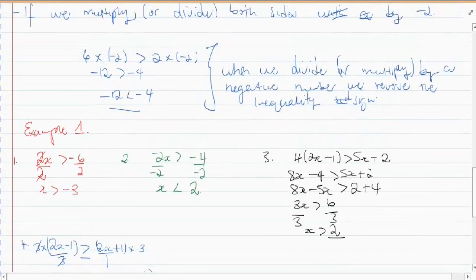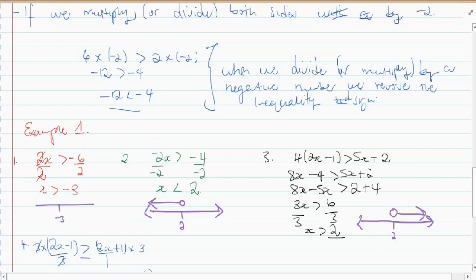Example 3 will have a number line of this form. We're going to have x must be bigger than 2, so 2 will be excluded because there's no equality there. X bigger than 2 can give any number above 2, and then this one is x less than 2, so our number line will be 2 excluding 2 itself, but anything going to the negatives, or to the left of 2, and then this one will be negative 3 excluded as well.